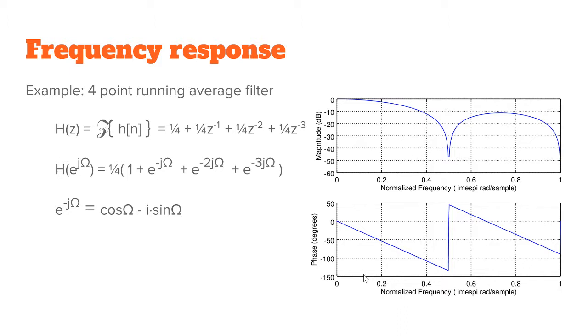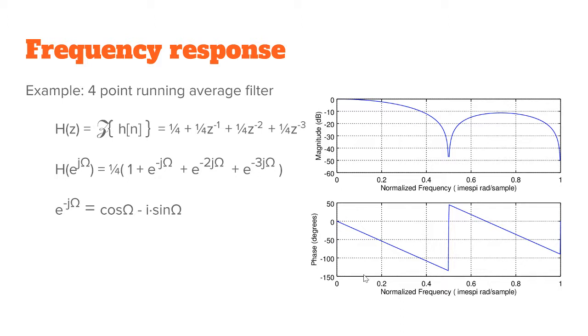Cosine of theta plus j times sine of theta, something like that. Yes, and you can actually calculate the values, which shows the absolute value there.